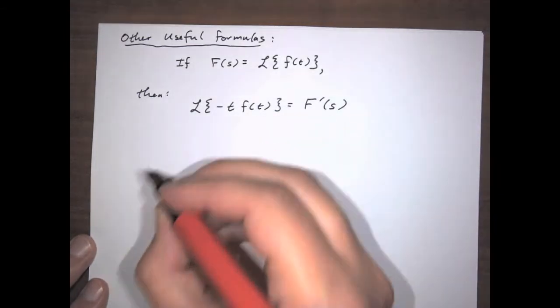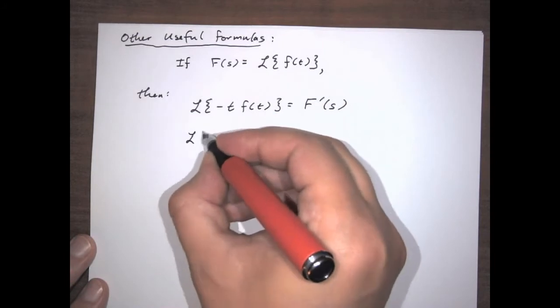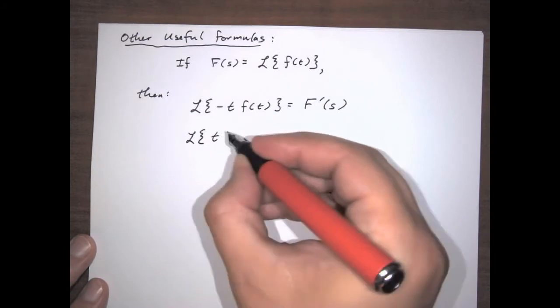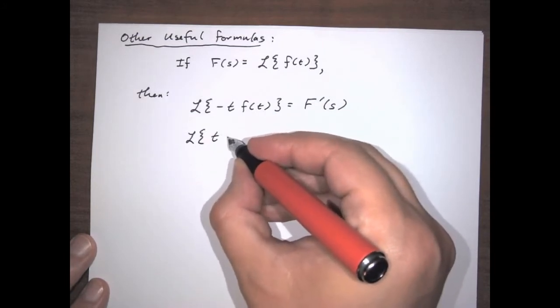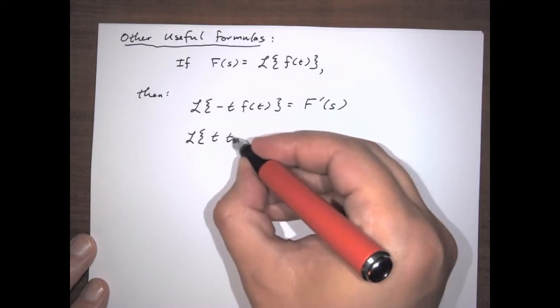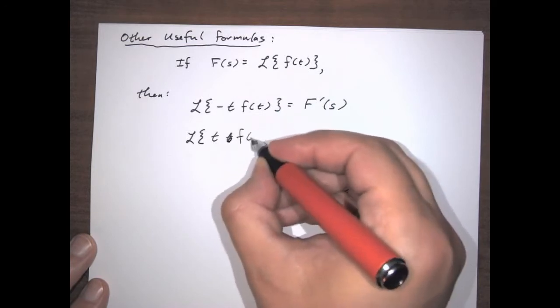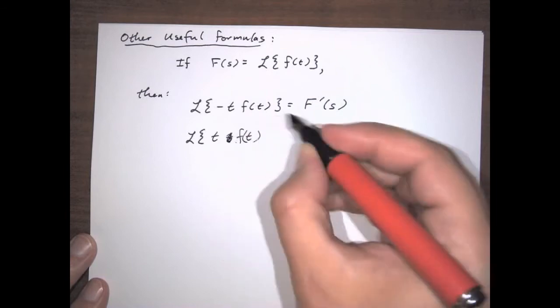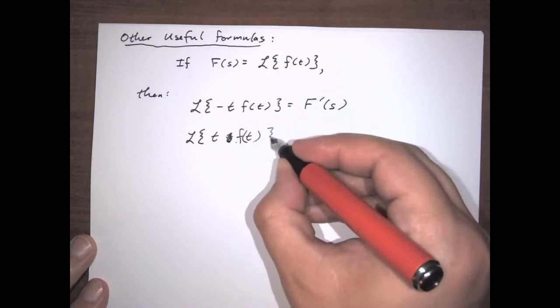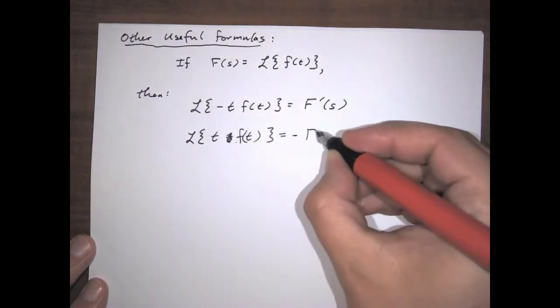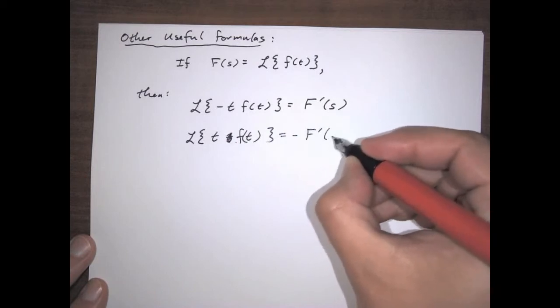Then, by switching the place of the negative here, we can rewrite this as the Laplace transform of t f(t) will be negative the derivative of F(s).